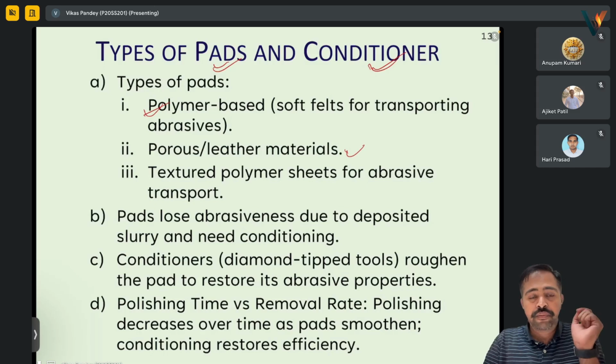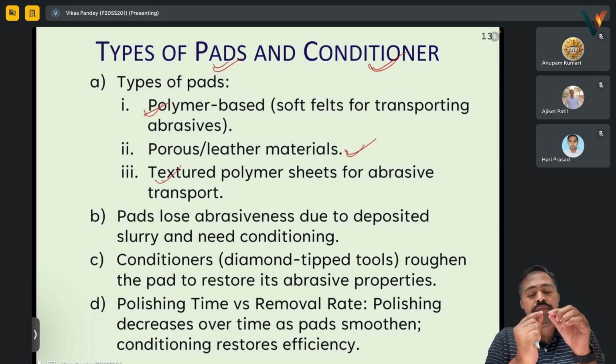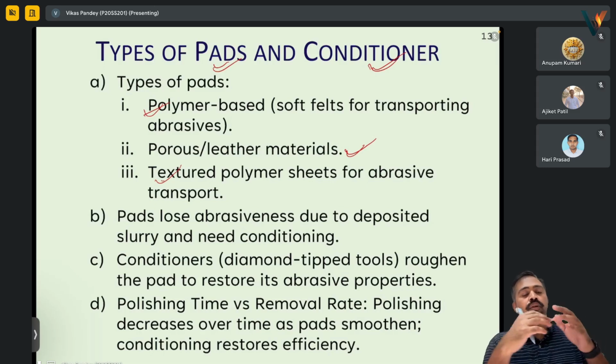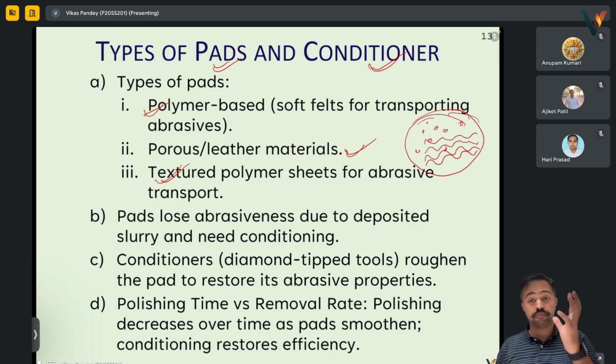Third is polymer sheets, but textured. It can have some dots or some structures, seen from the top, to facilitate the movement of the slurry. It cannot be smooth. This pad is not to be smooth.